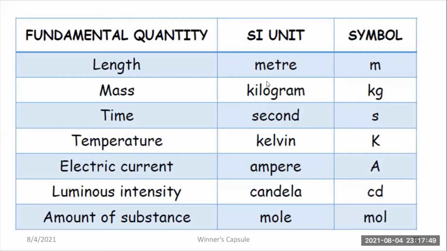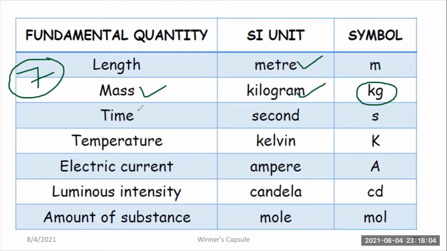Now, as I told you, there are 7 fundamental units applicable for SI. For length, it is meter. The unit of mass is kilogram, represented by kg. The unit of time is seconds, represented by small letter s.